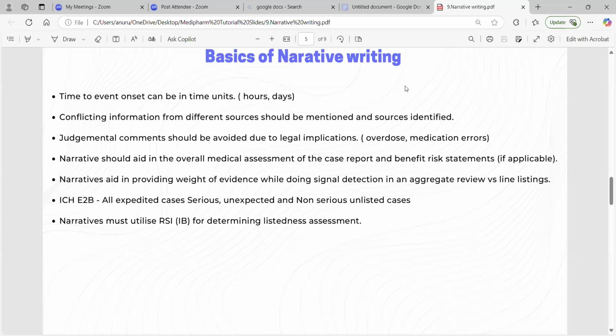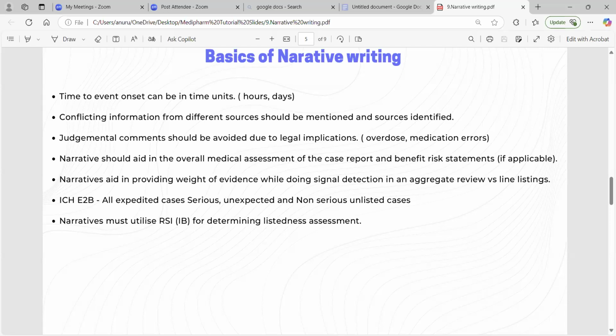Now, there are more basics of narrative. The time to event onset can be in time units. The time to event onset is also called latency, and here we usually follow a 24-hour format, in hours or days.